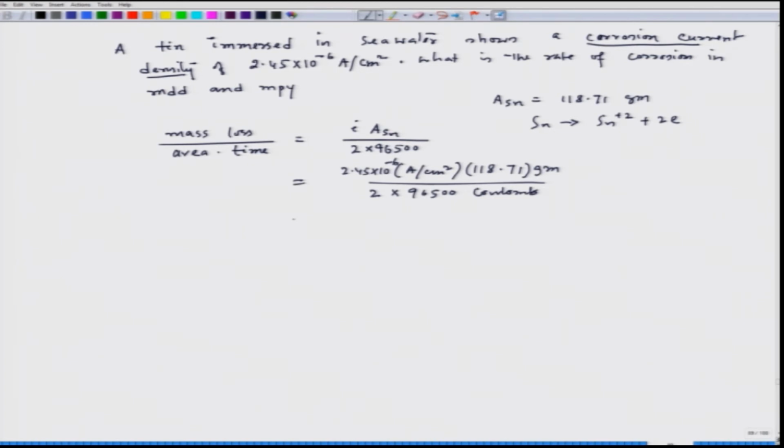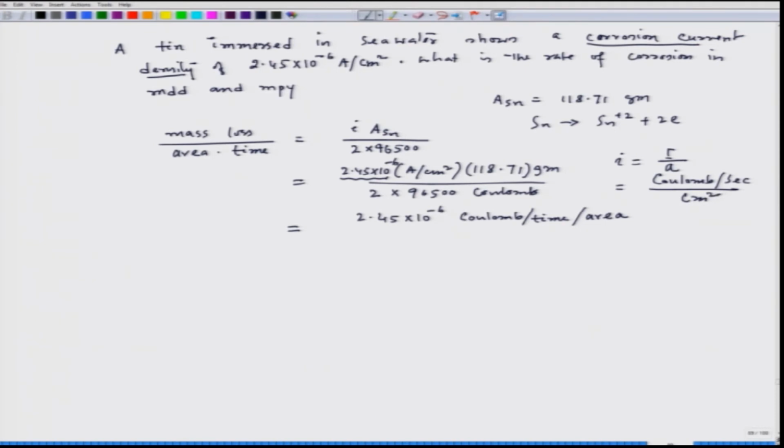Now, this quantity I can write in this way: 2.45 into 10 to the power minus 6 coulomb per unit time per unit area, because I is nothing but charge divided by area, or coulomb per second per centimeter square.